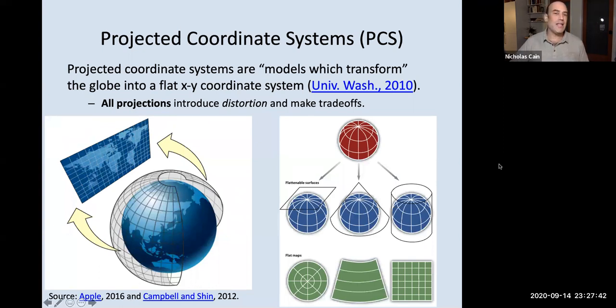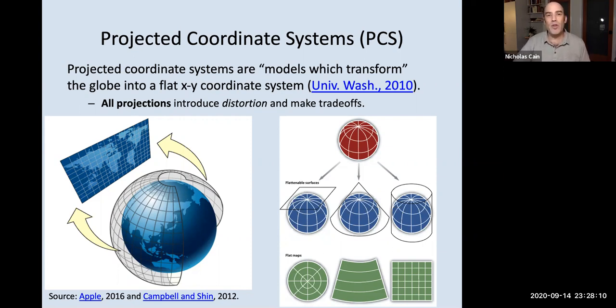So this is a key, somewhat technical part of GIS, but it's worth pausing on for a moment. Whenever you represent something that's spherical, like the Earth, on a flat surface, like a map, you have to project that coordinate system onto that flat 2D surface. So projected coordinate systems are models which transform the globe into a flat XY system.